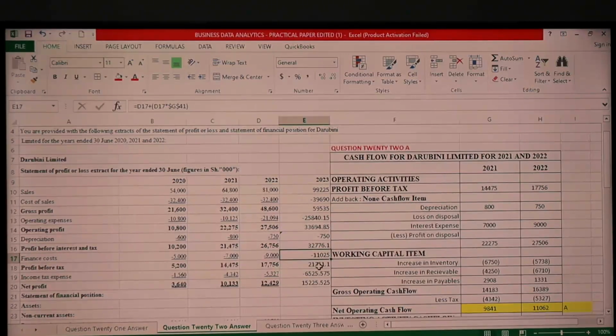Then the other value is this one, which you can just pick from here. It never changed. And by doing so, you'll be able to compute those values.